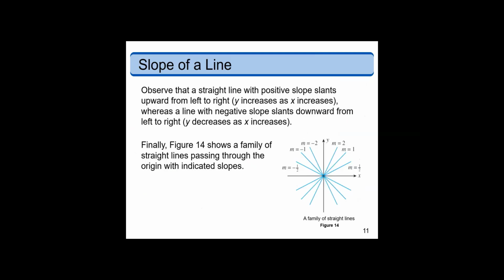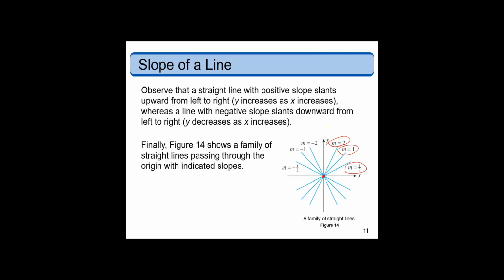Okay, so observing the different lines with different slopes, we can come up with some kind of pattern. If you look at this family of straight lines passing through the origin right here, you have slope equal to half, slope equal to 1, slope equal to 2. Compare all three of them.